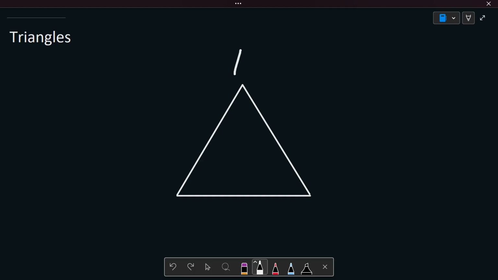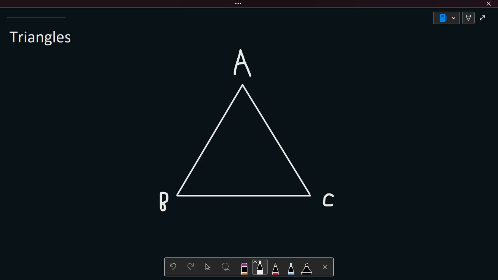So let's name this point A over here, and then let's name this other point B, and let's name this point C. Okay, so now as you can see, we basically have 3 straight lines.